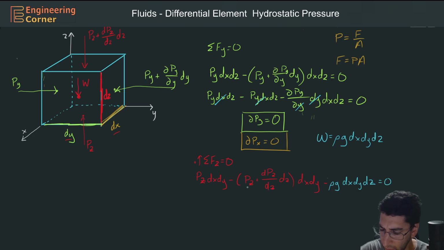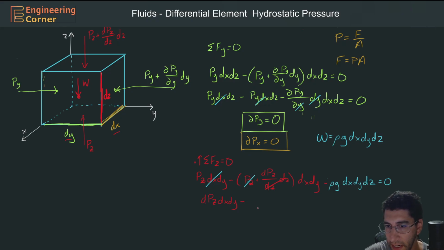Now, we can do the same expansion right here where we have p_z dx dy, but from when we did that out with the F_y, we know that this term and this term are going to cancel. So what's going to happen here, I'll have dp_z dx dy, right? These two terms canceled.